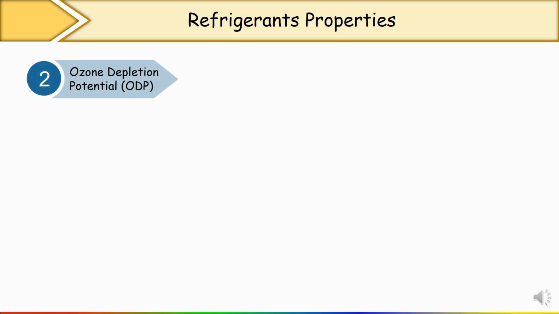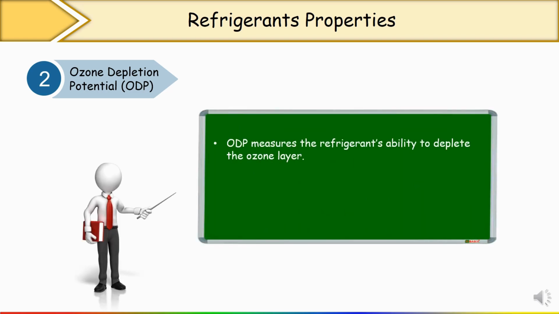Now the second property of refrigerants is ozone depletion potential. What is this? ODP measures the refrigerant's ability to deplete the ozone layer. A higher ODP means the refrigerant has a greater potential to damage the ozone layer.